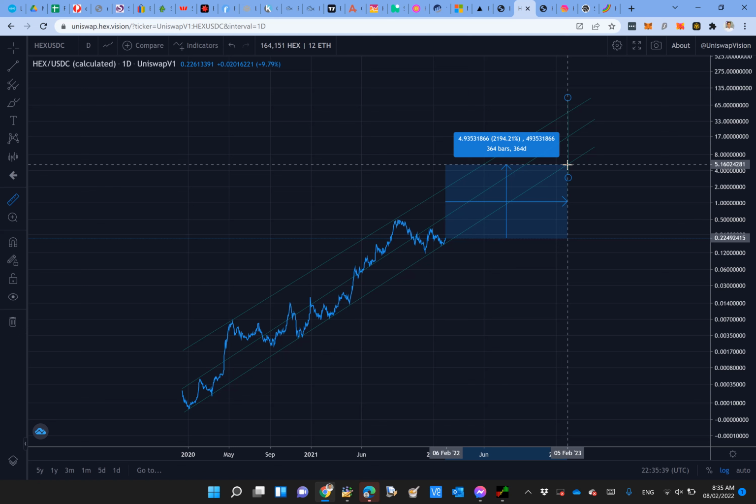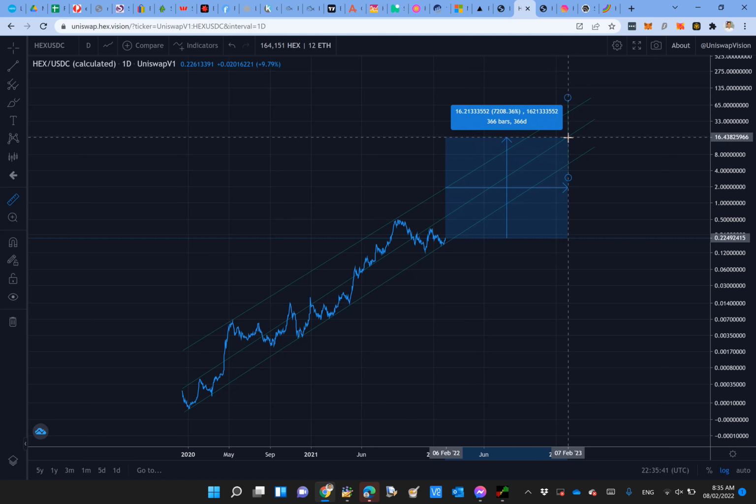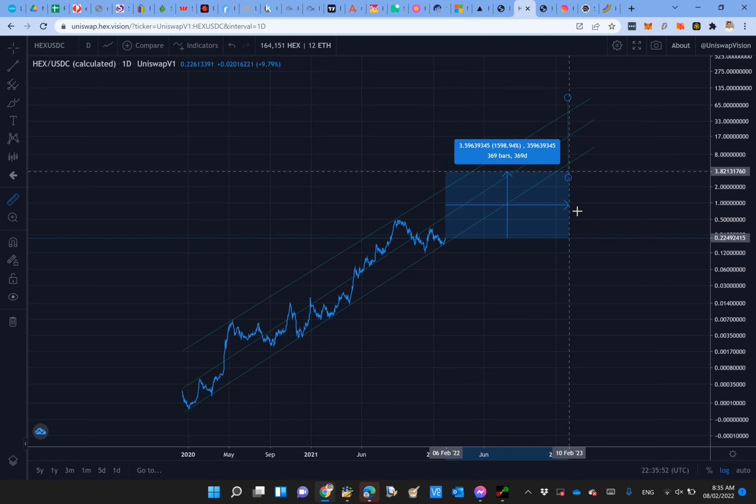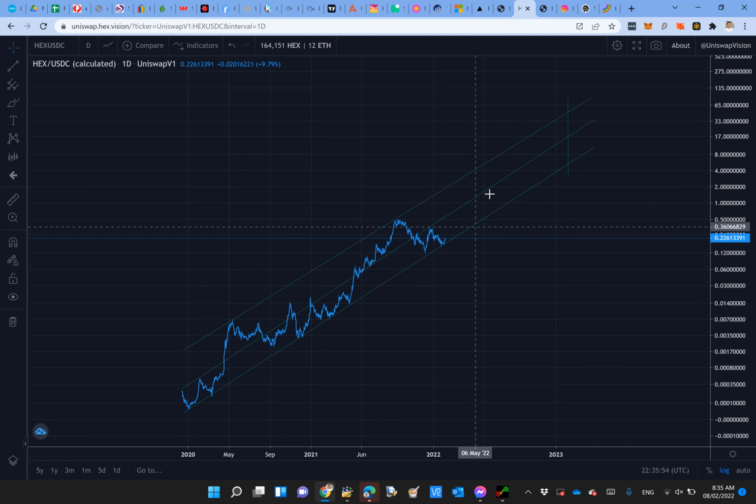If we have a medium case, we're looking at about 73x. Bull case, 209x. Yeah, that's quite incredible.